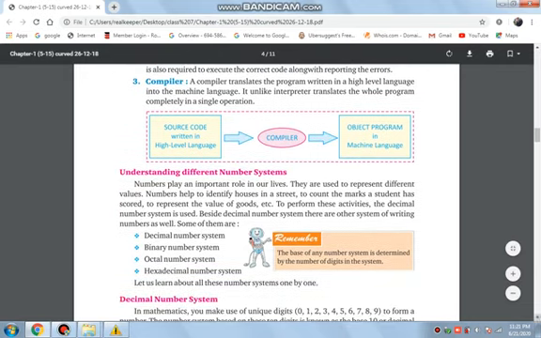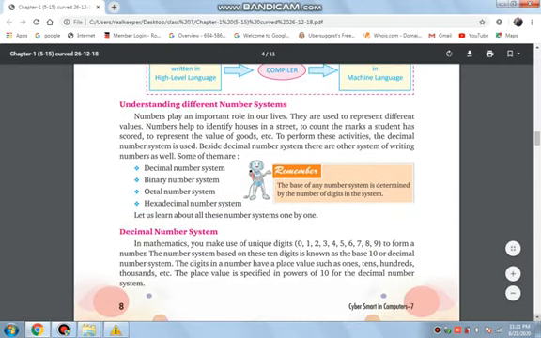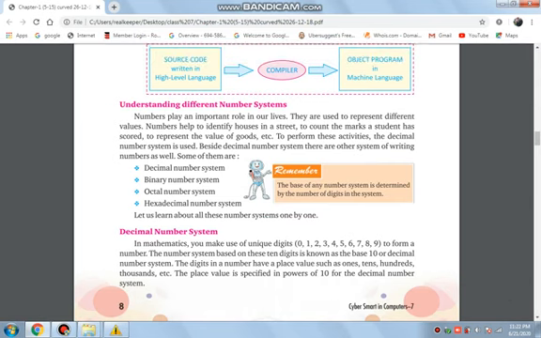Okay students, now we are moving towards number systems. As we discussed, computer understands 0 and 1, but for basic calculations we have different types of number systems in the computer. So let's have a look.